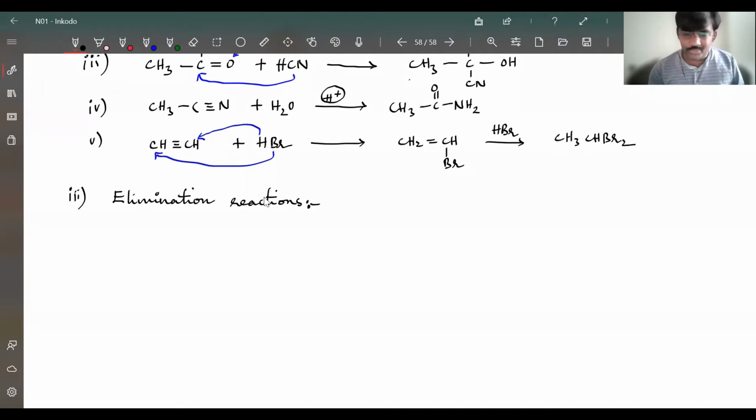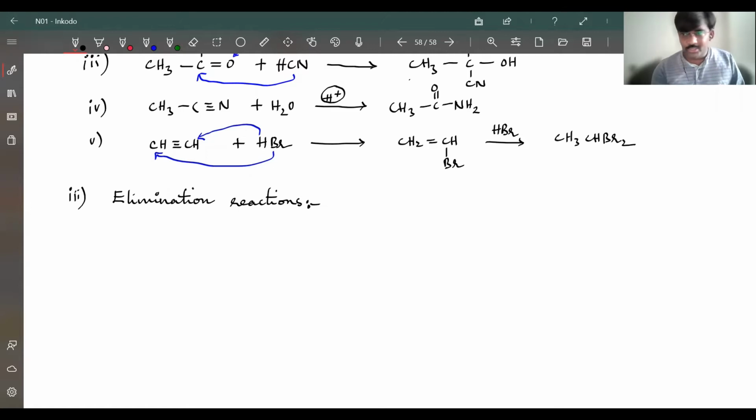That means from the substrate molecule, we are going to remove a small molecule like hydrogen, or halogens, or hydrogen halide, or a water molecule. In all these cases, we call them elimination reactions.